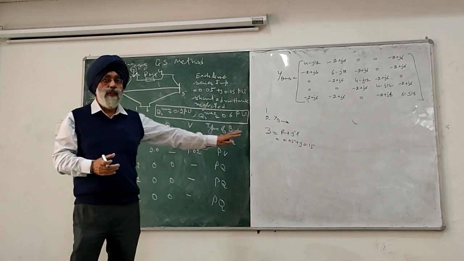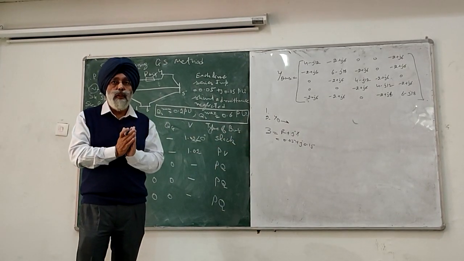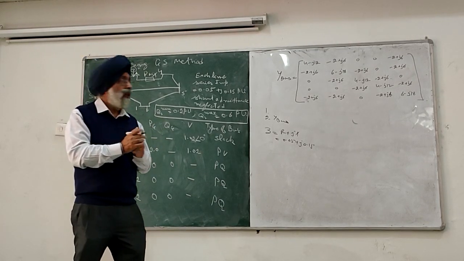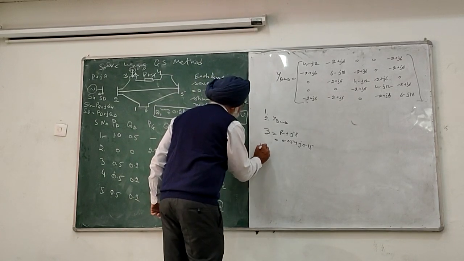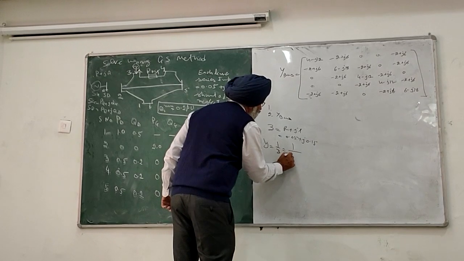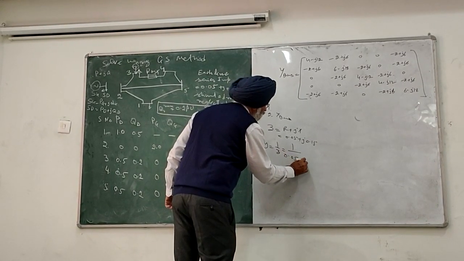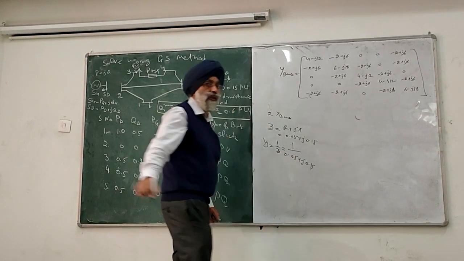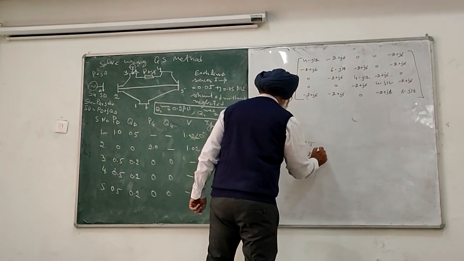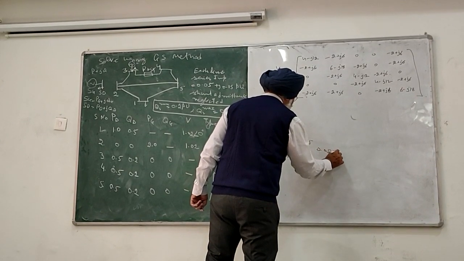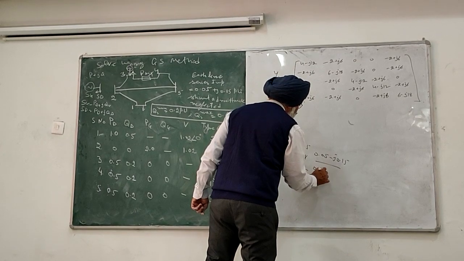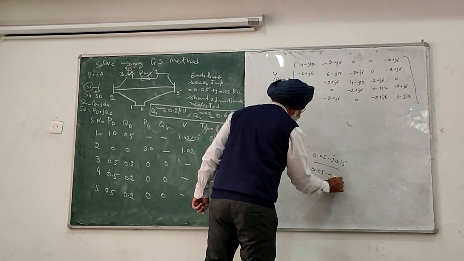We are formulating the admittance bus matrix, so we have to convert this into the admittance value. Admittance Y is equal to 1 upon Z, which is 1 upon 0.05 plus j0.15. We can convert this into 0.05 minus j0.15 over the denominator.